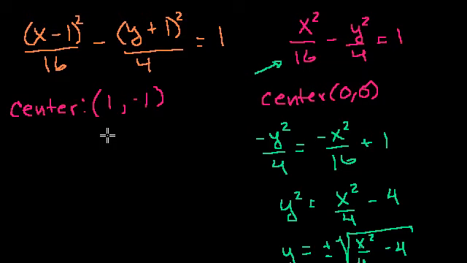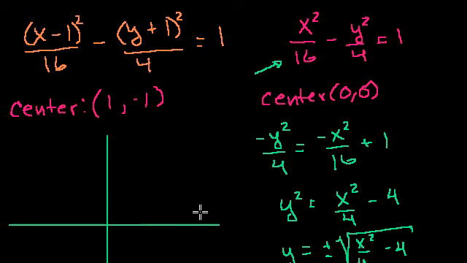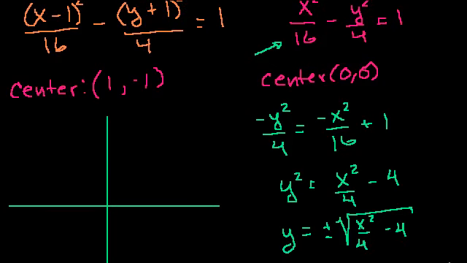So this is my x-axis, sorry, my y-axis. And the center of this is at 1, negative 1. So x is equal to 1, y is equal to minus 1. Fair enough.